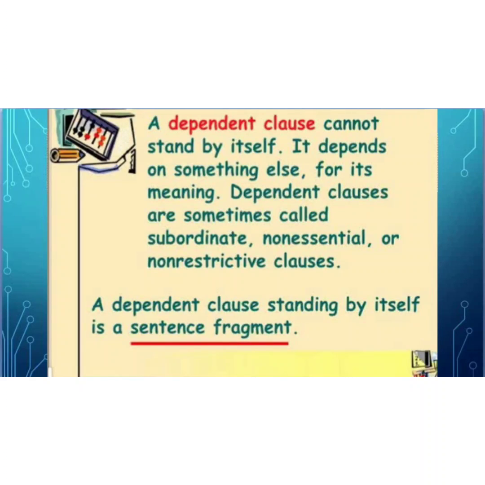The first thing about a dependent clause is that it can't stand alone. It can be joined in a sentence with the help of different words. These words can be while, if, unless, after, before, because, whenever, and many more. So these are dependent clauses.